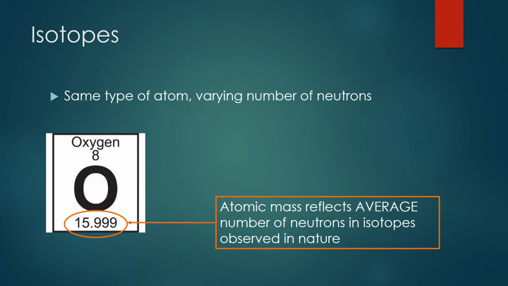So this atomic mass number reflects the average number of neutrons observed among isotopes seen in nature. And it's okay to round this. 15.999 is close enough to 16 that for any quiz questions you may see, this is rounded up to 16.